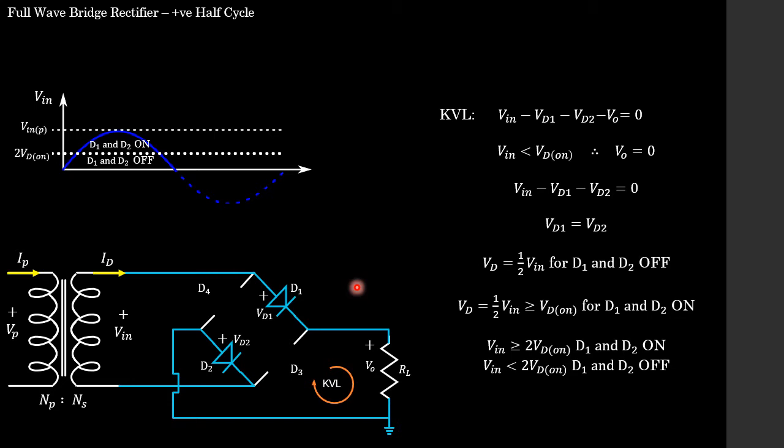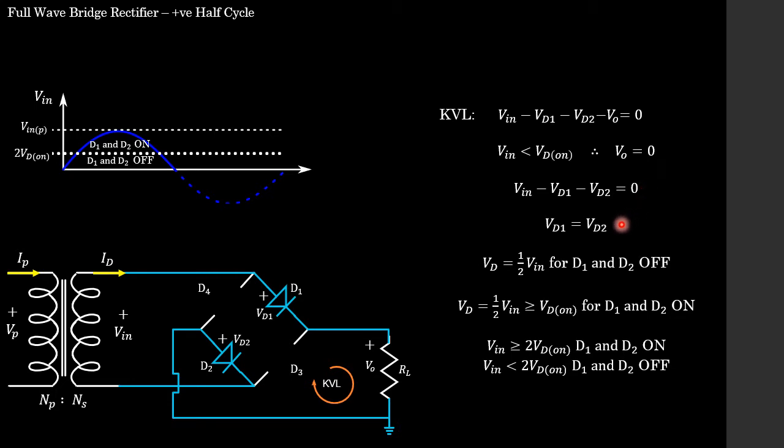So students, let's analyze the circuit in this region here where diode 1 and diode 2 are off. We'll perform a KVL, and from the KVL we get this expression where the input voltage minus the 2 diode voltages minus the output voltage is equal to 0. And of course, we've already said that our input voltage is less than our diode on voltage, so we know our output voltage is 0. We plug that into the equation on the top to get this expression.